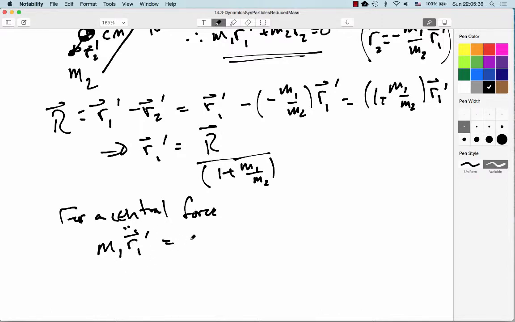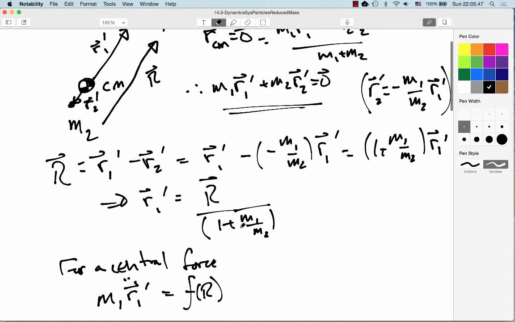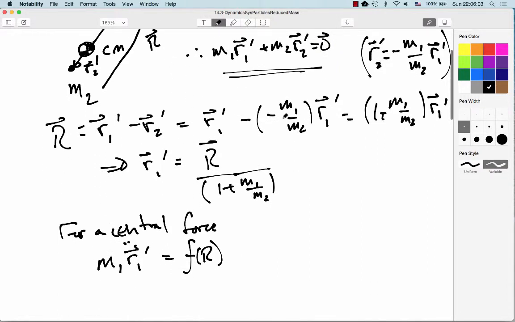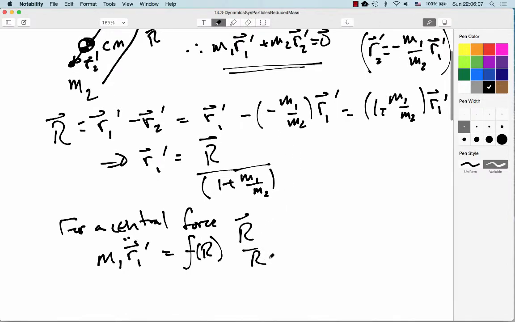It will equal the force as a function of the separation, and then to get the direction right, since this is an arbitrary central force, we're allowing for the possibility of repulsion. So it would be positive if it's repulsive, negative if it's attractive. So the direction vector will be R over R, like so.